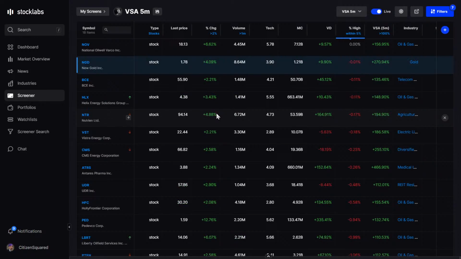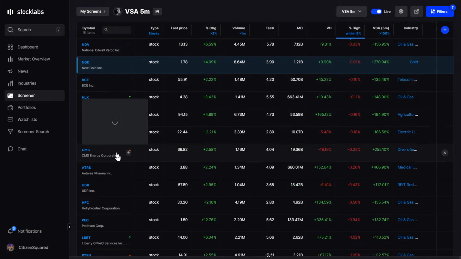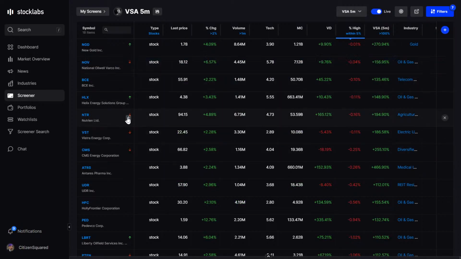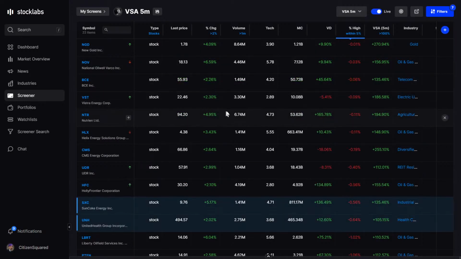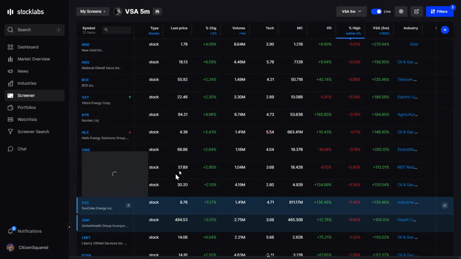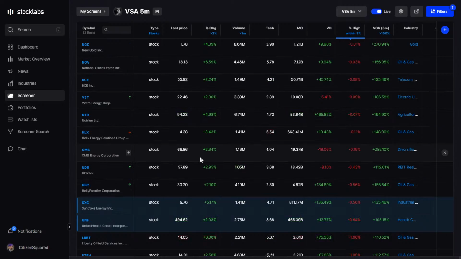They'll do that here once they do. So yeah, anything that gets highlighted in blue is new on the screen. It just got inserted to the list. Anything that's been on the list and is just reordering gets shuffled and then designated with a green or red arrow. This is a pro tier feature. So if you're on basic, you don't have any of this. You'd have to reload the screen to see a new set of stocks or new order of stocks.